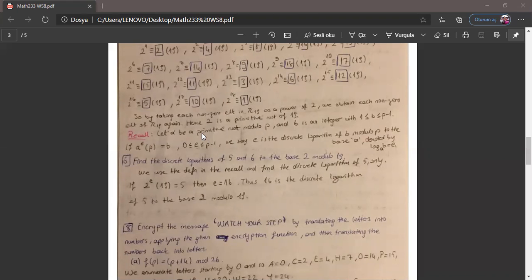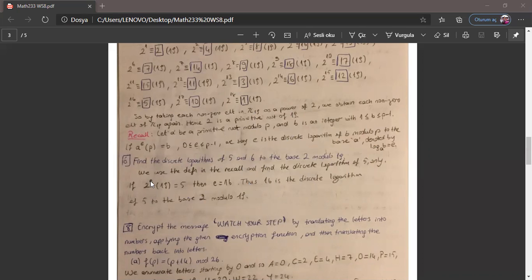We have again a definition. So it's the definition of discrete logarithms. As you see here, you can read it by yourself. So we use this definition to find the discrete logarithm of 5. And this part is homework for you again.